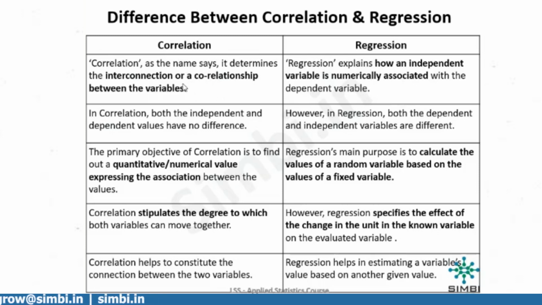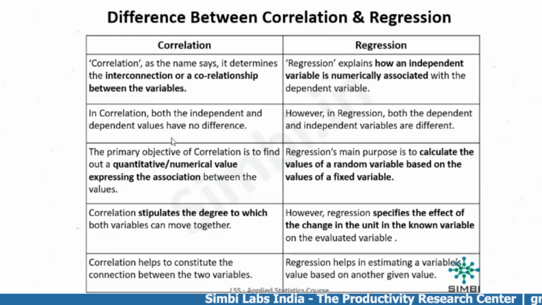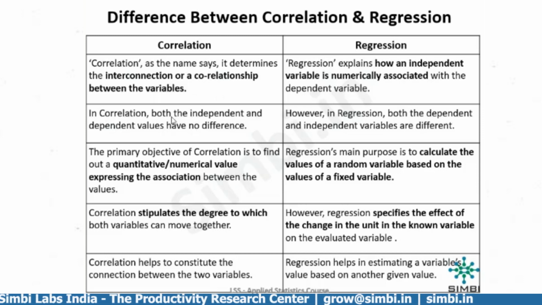Here there is a co-relationship between the variables, and here the independent variable is associated with the dependent variable. In correlation, both the independent and dependent values have no difference. There is no difference between the values in correlation, and in regression, the dependent and independent variables are different.